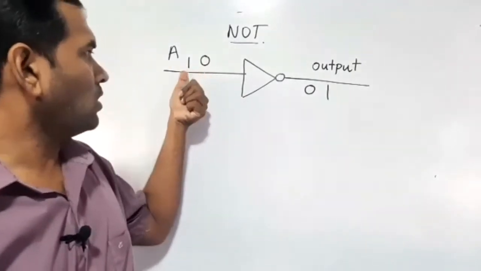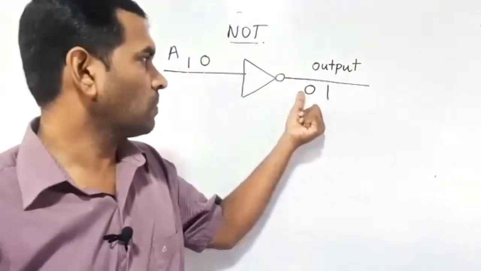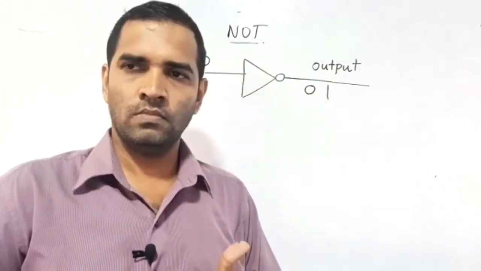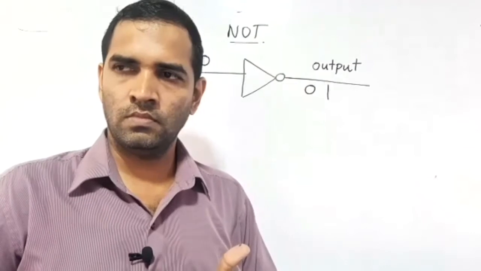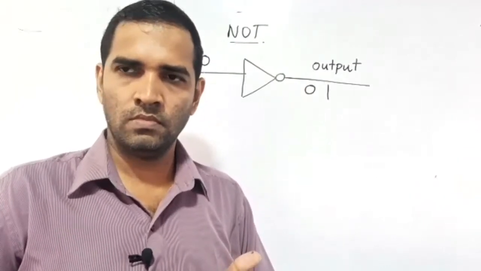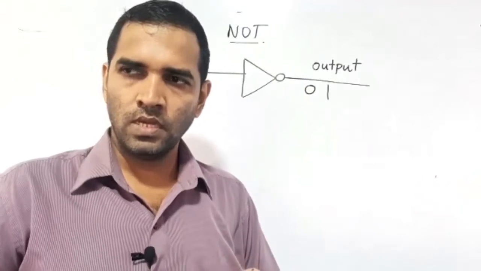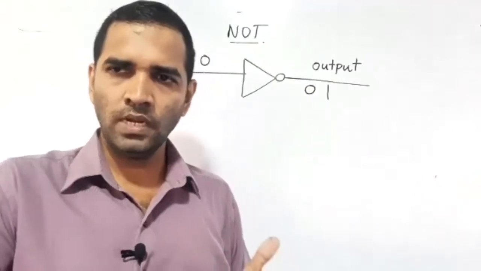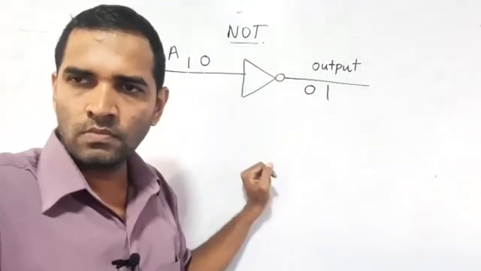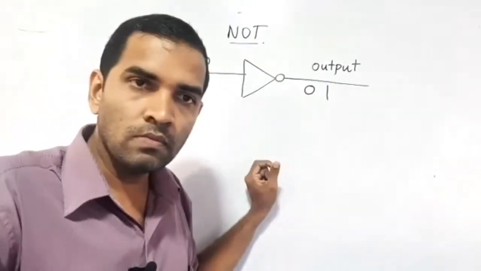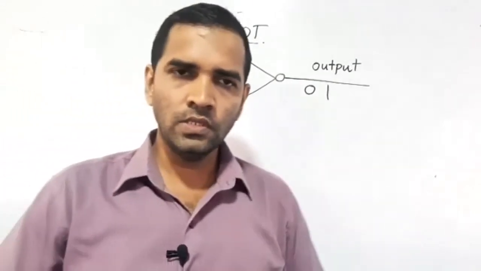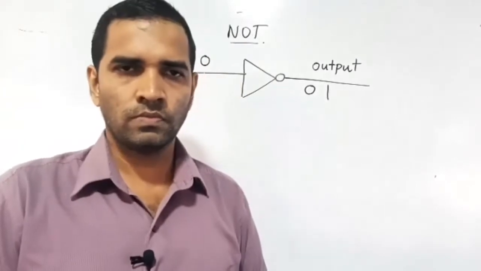Here input 1, output 0. Here input 0, output 1. What's the mode? Any others? It's very simple, right? Compare your input and output. Opposite, sir. Yes, opposite. It produces the opposite of the input.